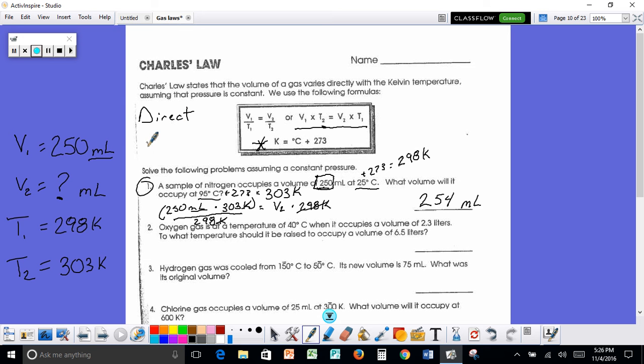So what that means is if our temperature increased, we should also see an increase in volume. So we saw a temperature increase from 298 K to 303 K. So we should also see an increase in the volume. So we go from 250 mils to our new one of 254 mils.